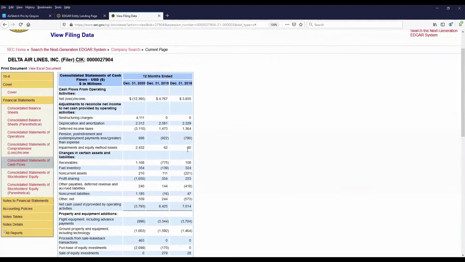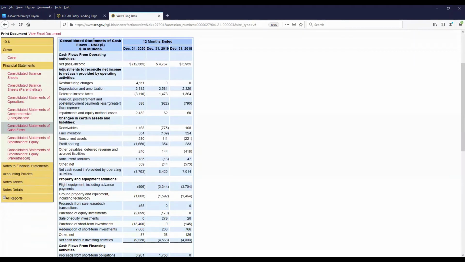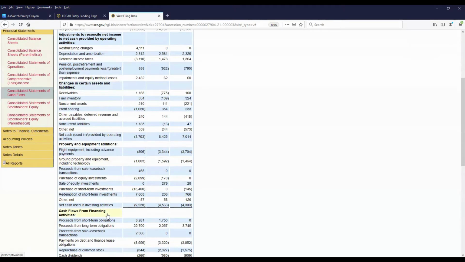You can find from this statement of cash flow 3 different sections. One is cash flow from operating activities, cash flow from investing activities. You see that? They don't have the title, but these are cash flow from investing activities.